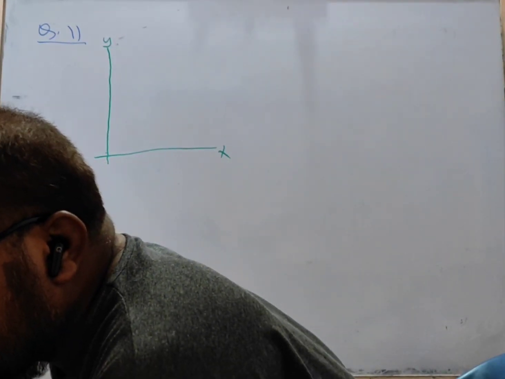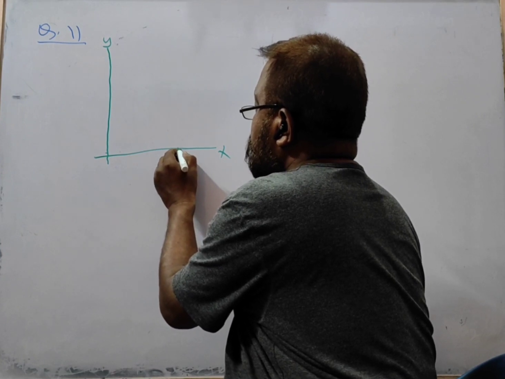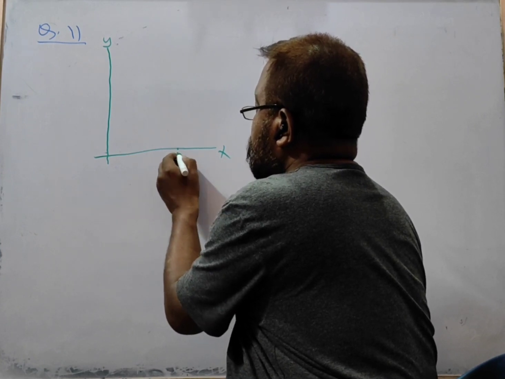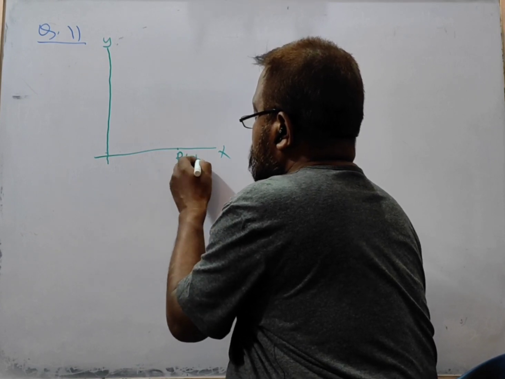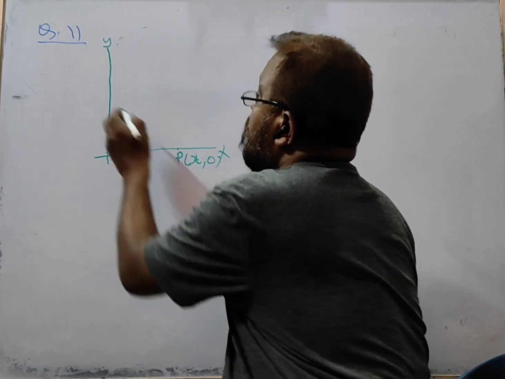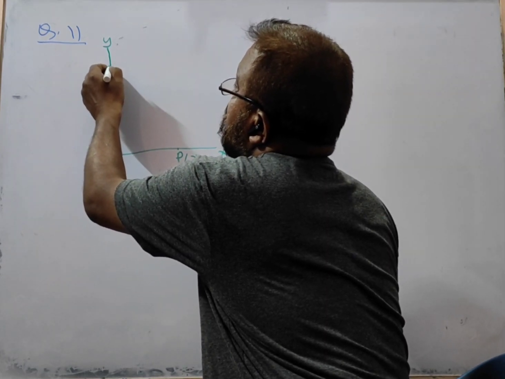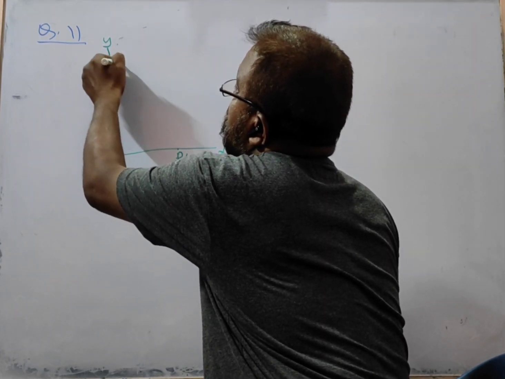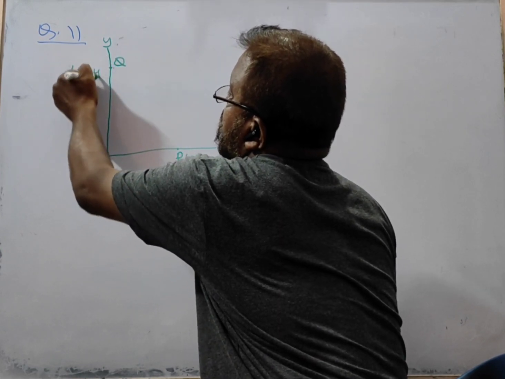P lies on the x-axis, so P is here, and its coordinate will be x comma 0. Q lies on the y-axis, so Q is here, and its point is 0 comma y.